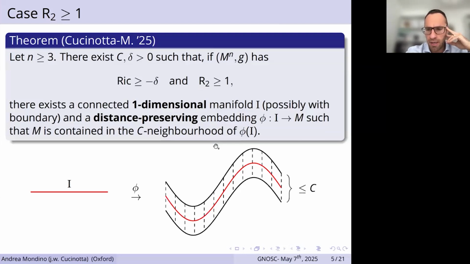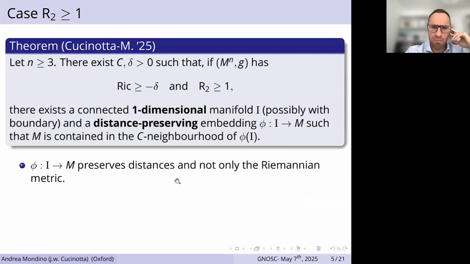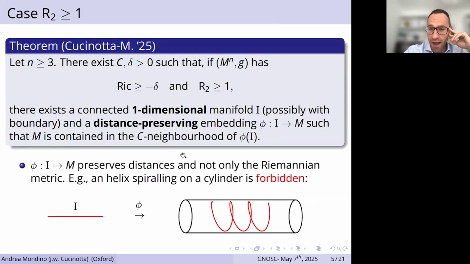So in a picture it is this. Here we have this one-dimensional manifold I, which could also be a circle. And we have this isometric embedding phi of I, such that the manifold M is contained in the C-neighborhood of phi of I. Now let me briefly stress that this phi is not just preserving the Riemannian metric, but is really preserving the distance.